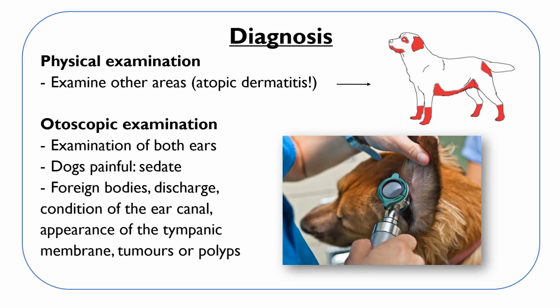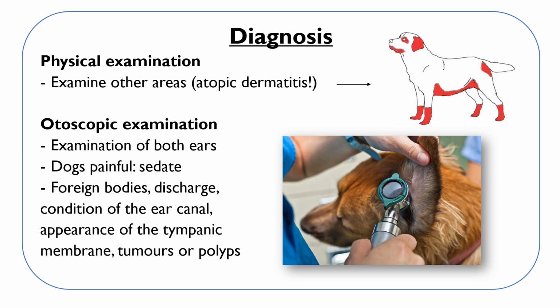It is especially important that in a dog with otitis we examine also the ventral and skin fold areas, including feet and the anal area, for signs of erythema that would suggest atopic dermatitis. So these areas that you can see here in the image on top. After the physical examination, we are going to dive in the problem that led the dog to the consult in the first place.